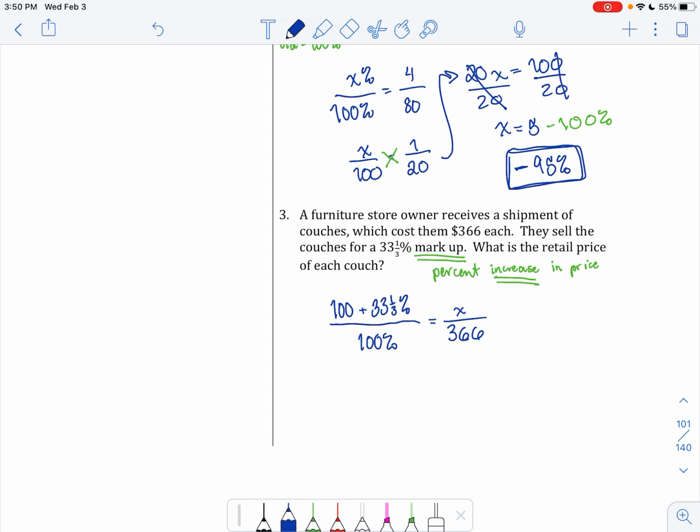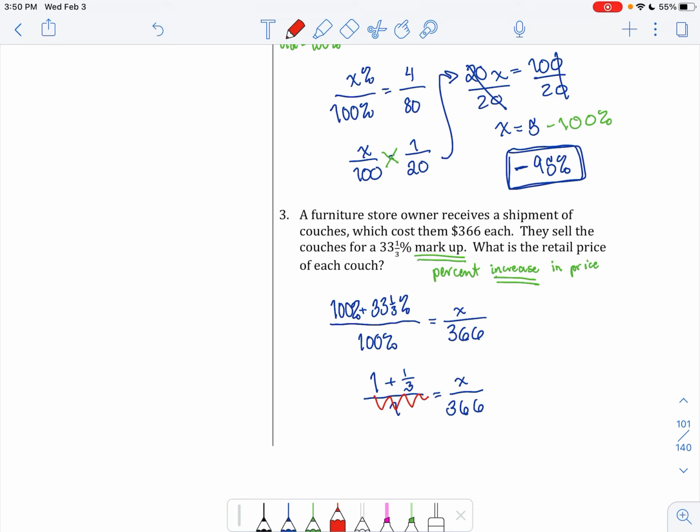Now, what I'm going to do here is, hopefully you remember, that 33.33 is 1/3. So if I write these instead of as percentages, but as fractions, this is 1 plus 1/3 over 1 is equal to x over 366.